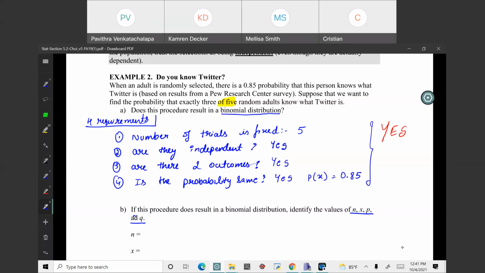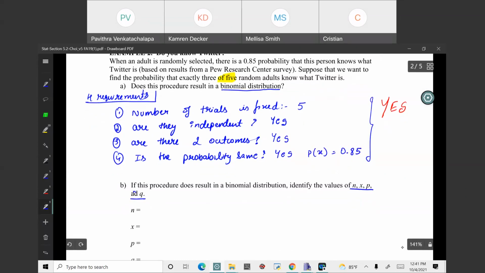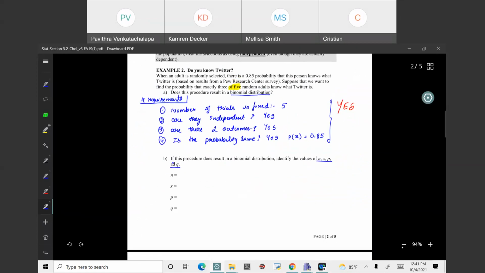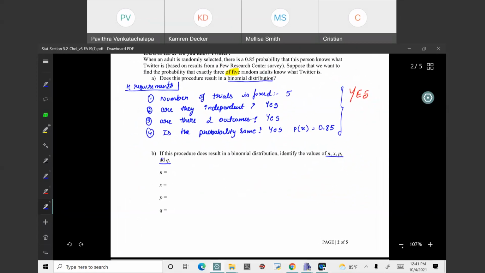Now that we know it is a binomial distribution, we can find out the terminologies mentioned here. What is n? n is nothing but the number of trials, which is 5. What is x? Yes, 3.